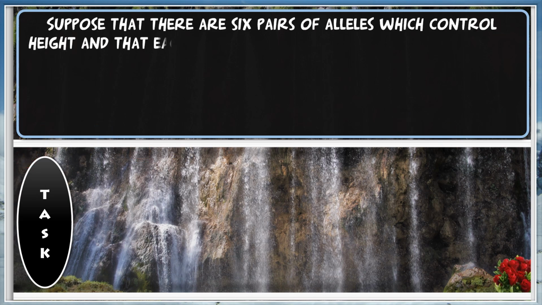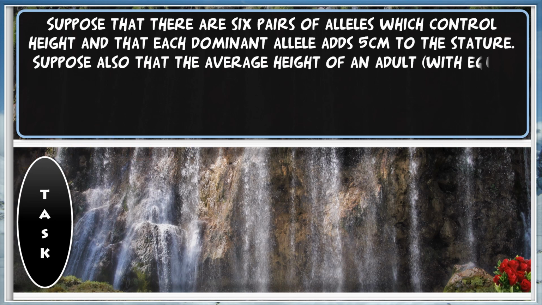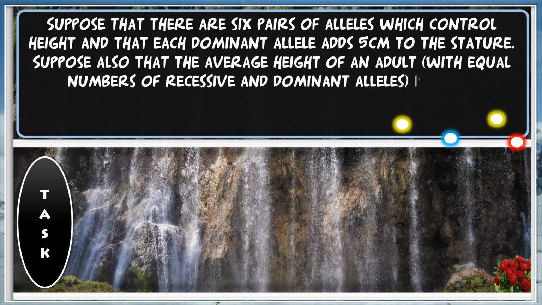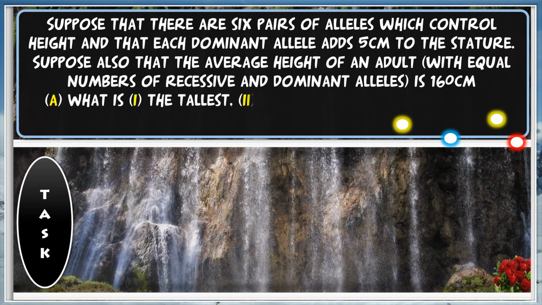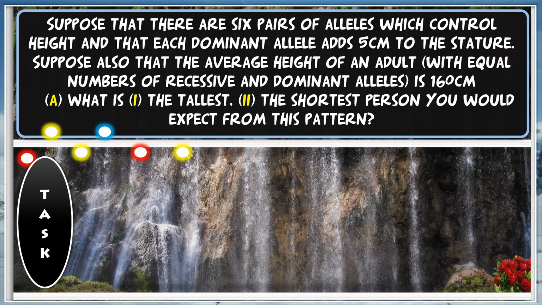Suppose that there are 6 pairs of alleles which control height, and that each dominant allele adds 5 centimeters to the stature. Suppose also that the average height of an adult with equal numbers of recessive and dominant alleles is 160 centimeters.